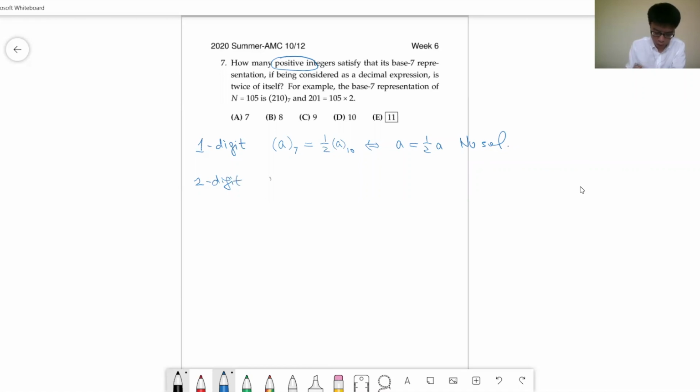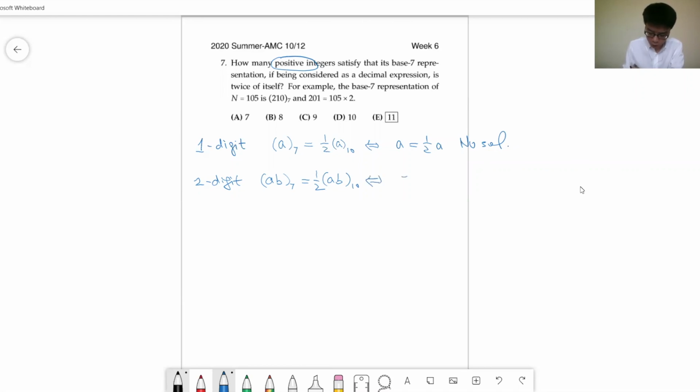Now let's consider a 2-digit number. So let's say AB are the digits. AB is a base 7 representation. If we understand this as a base 10 number, it becomes twice. This is equivalent to the following.